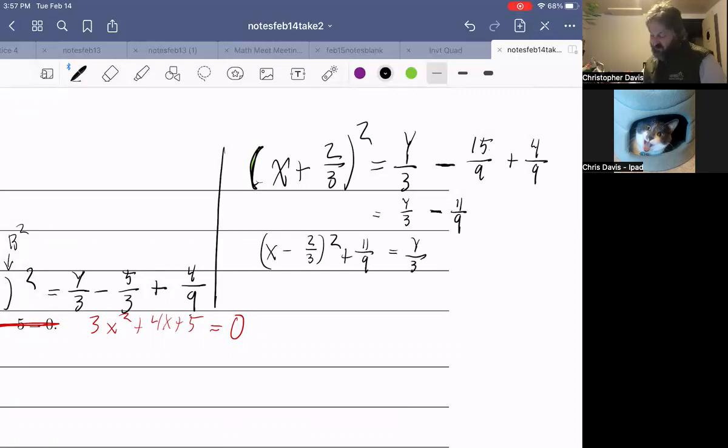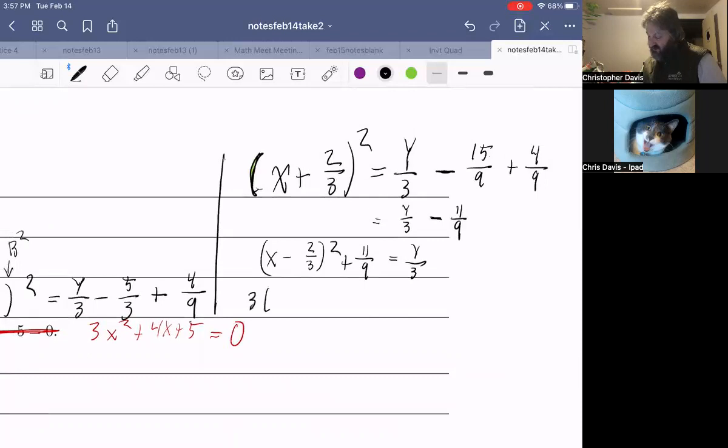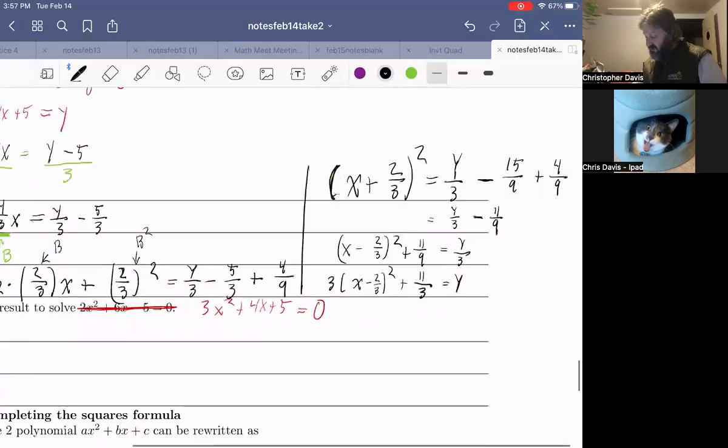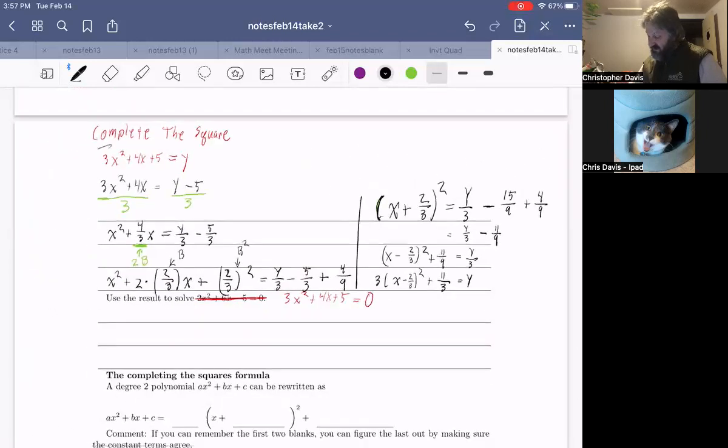Multiply both sides by 3. 3 times x minus 2 over 3 squared plus 11 over 3 equals y. One of those 3's will cancel with the 3 inside of the 9. So instead of thinking about this quantity, it is now exactly equal to this quantity.